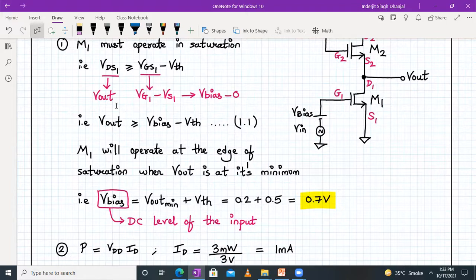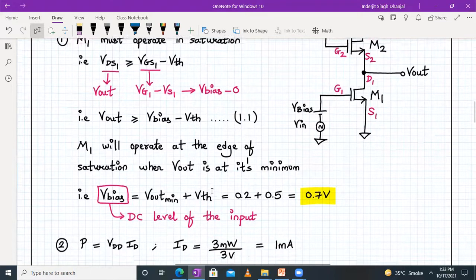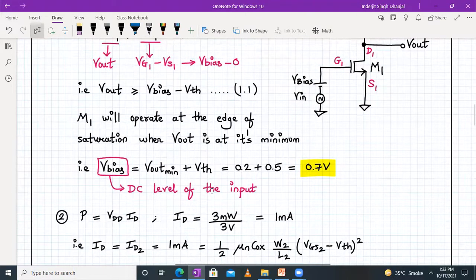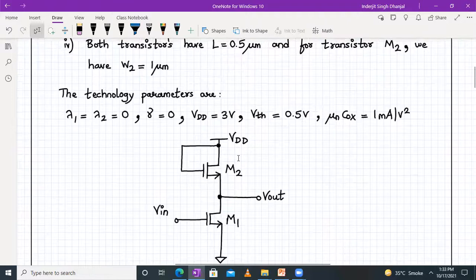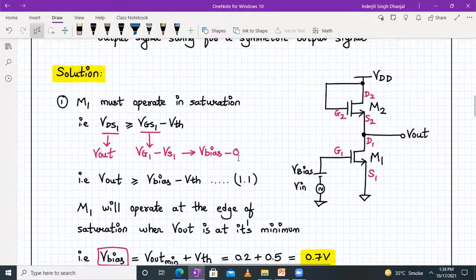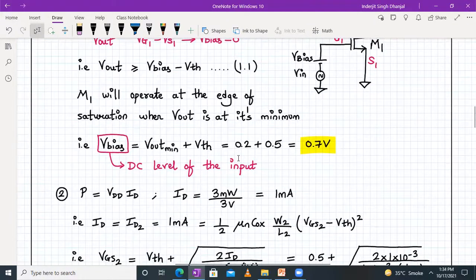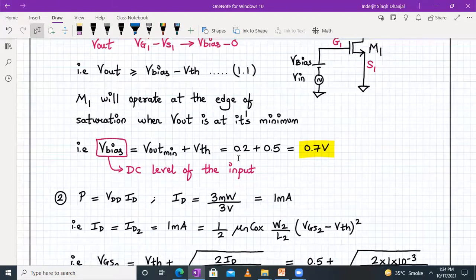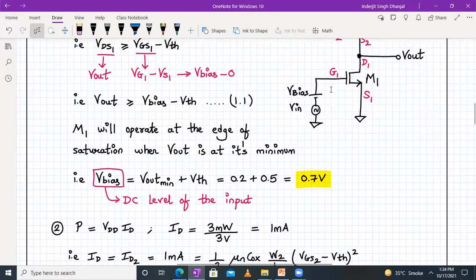What is V out minimum given to us? 0.2, and VTH value is 0.5. So 0.2 plus 0.5 will give you 0.7. So V bias, which is my DC level of the input, is 0.7 volt. Fine, we have found the first step.